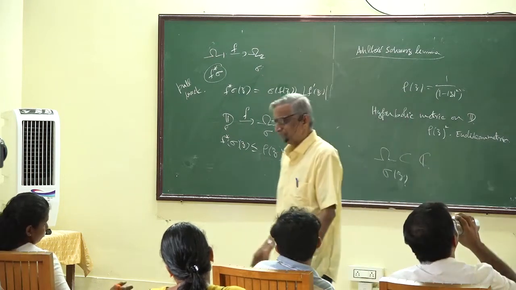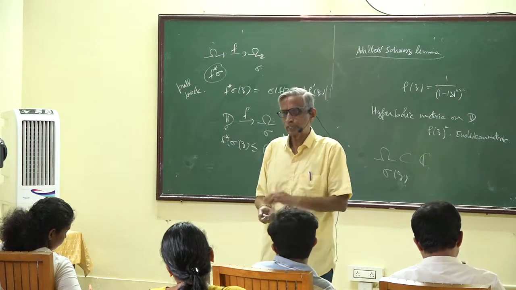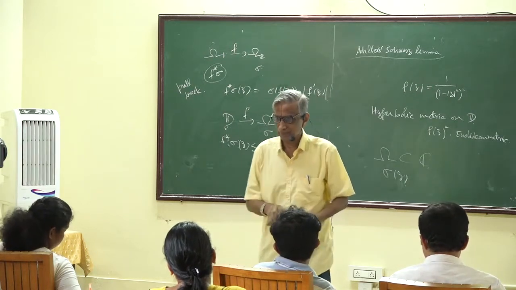So this looks simple enough. The proof is also not difficult. It only uses the maximum modulus theorem, nothing more than that. But it has some astonishing consequences, applications to complex function theory.